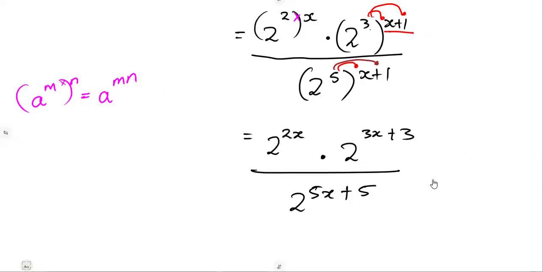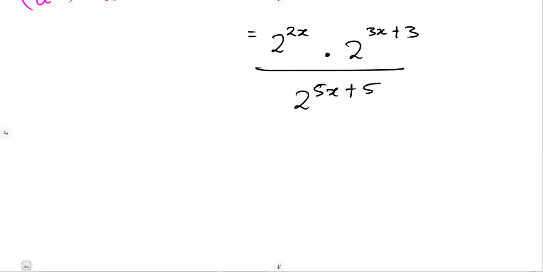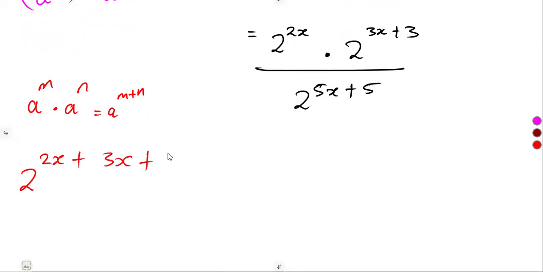And in the numerator, as we can see, we have got a product of the same bases. A is raised to the exponent of m. Another one is raised to the exponent of n. They are of the same bases. A multiplication, we understand that we add the exponents. So you are going to add the exponents. 2 to the exponent of 2x plus you add this expression of 3x plus 3.